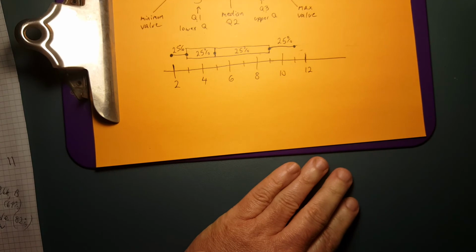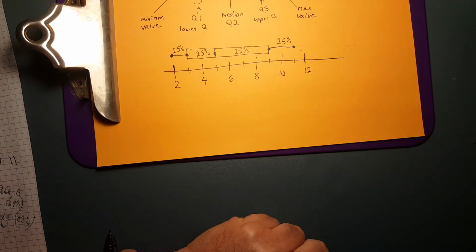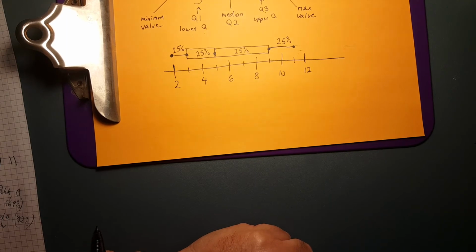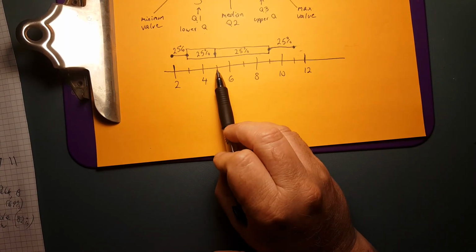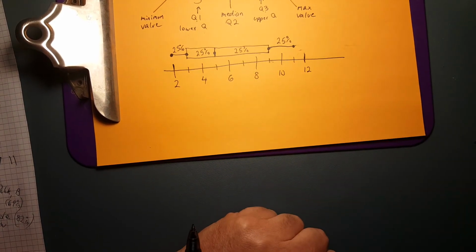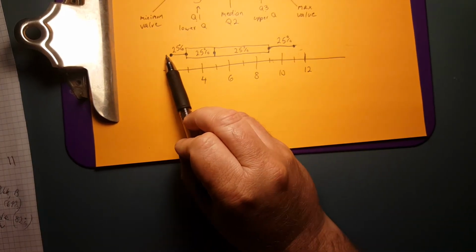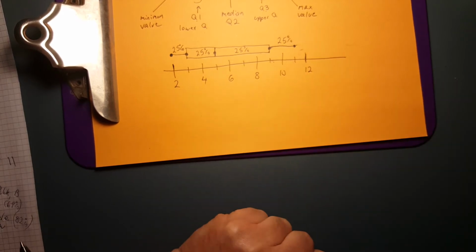Okay, so if they were to ask you what percent of the data is inside the box, you'd say 50%. If they said what percent of the data is between 5 and 9, you'd say 25%. If they said what percent of the data is 5 or less, you'd say 50%.